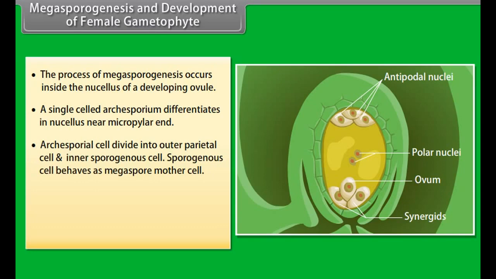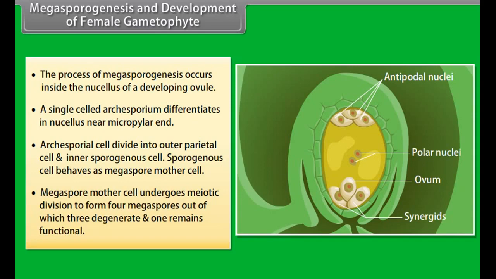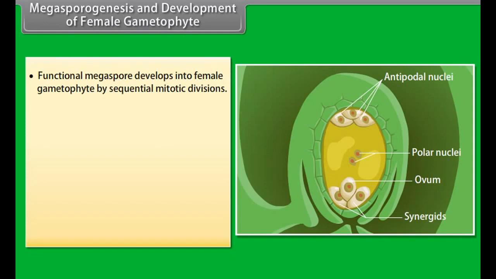The sporogenous cell behaves as megaspore mother cell. Megaspore mother cell undergoes meiotic division to form 4 megaspores, out of which 3 degenerate and 1 remains functional. The functional megaspore develops into the female gametophyte by sequential mitotic divisions. The female gametophyte consists of an 8-nucleate embryo sac.